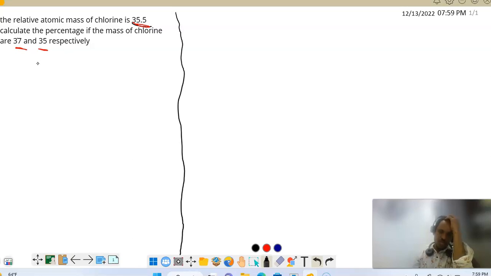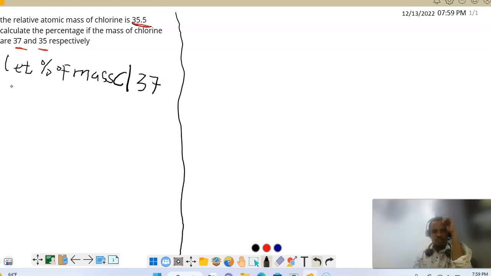So for us to calculate, we create an equation. How do you create the equation? We will say like this: let the percentage of chlorine mass 37 be x, we don't know.